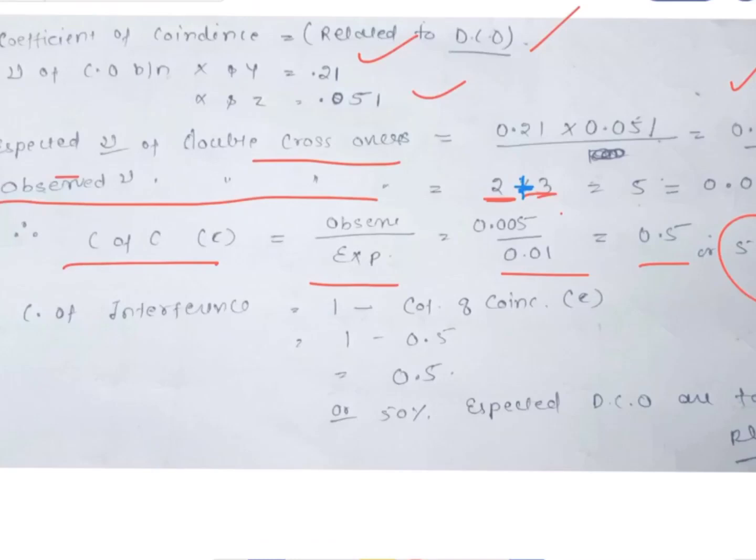Now there is another term, the coefficient of interference. It indicates the degree of interference by a crossover with the occurrence of another crossover in the neighborhood. We calculate it as 1 minus the coefficient of coincidence. We get 1 minus 0.5, which is 0.5, or 50%. So 50% of the expected double crossovers do not take place.